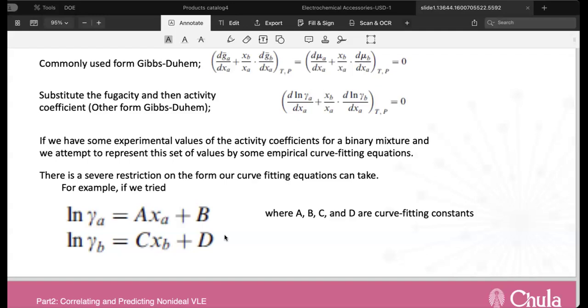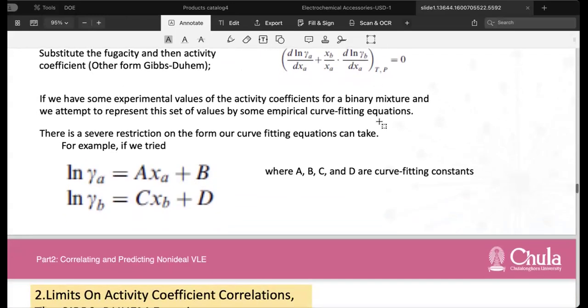Why do you think it's usable? What I emphasized previously is that log gamma A and log gamma B are not independent. So if you think it's usable, it must be in agreement with the Gibbs-Duhem equation.